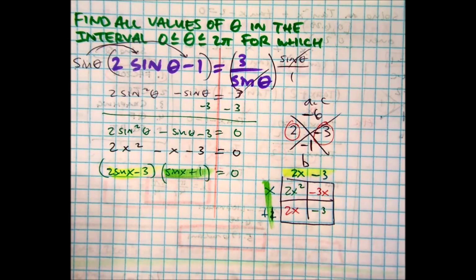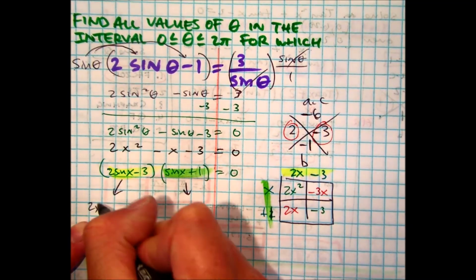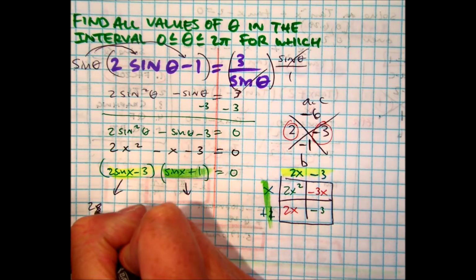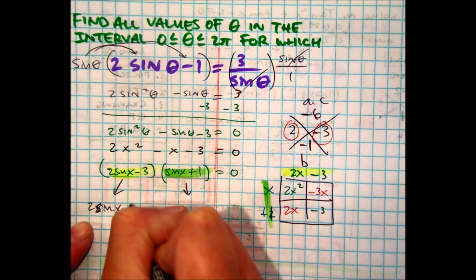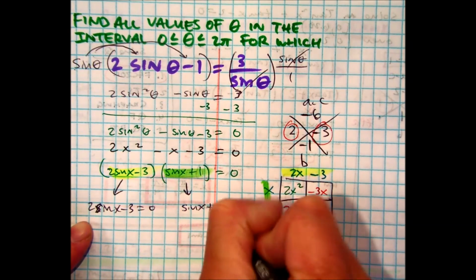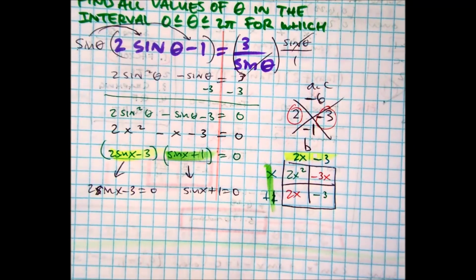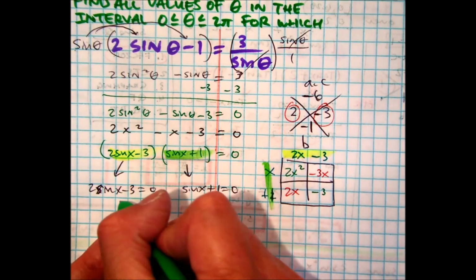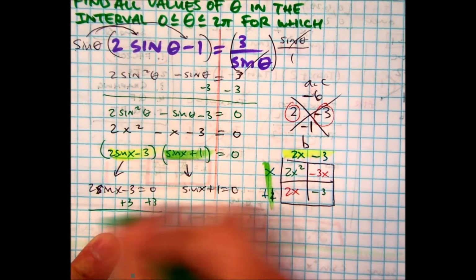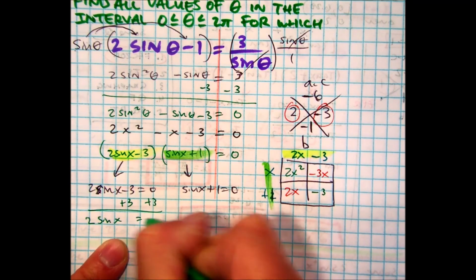Next I'm going to apply the zero product rule, where I'm going to split them and set them equal to 0. 2 times sine x minus 3 equals 0. And sine of x plus 1 equals 0. Here I'm going to add 3 to both sides. 2 sine x equals 3.